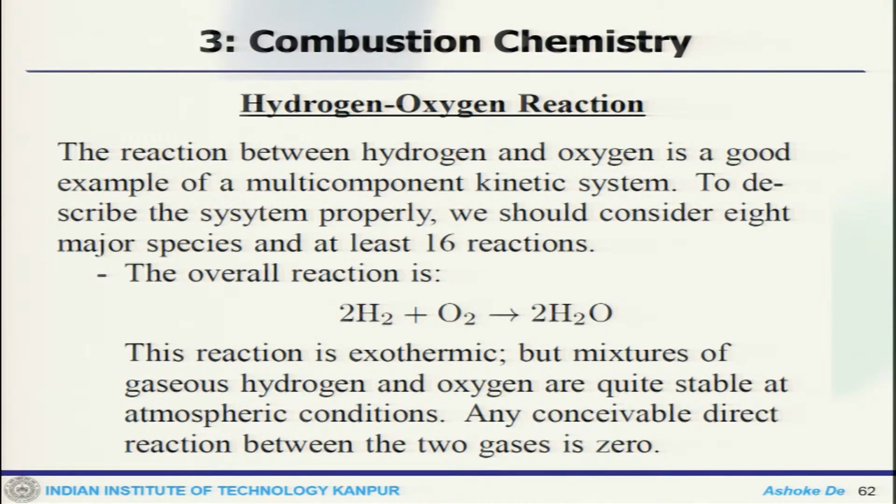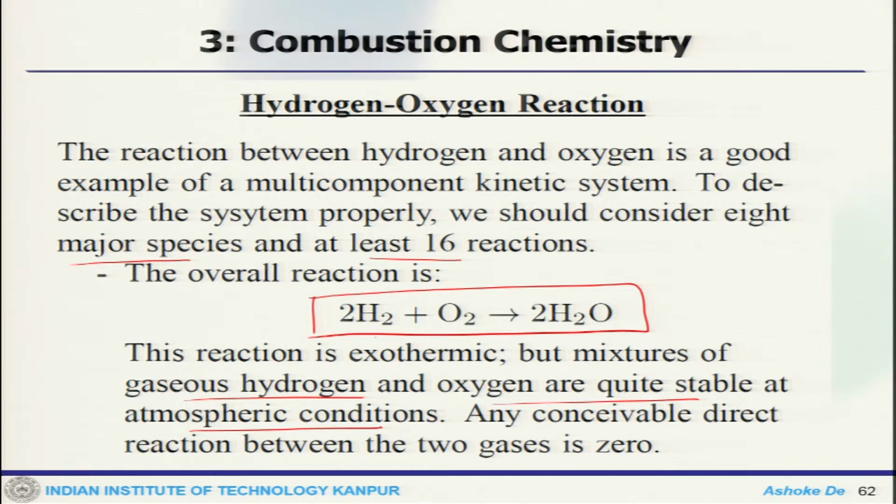Now, let us start with an example of the hydrogen oxygen reaction. This particular reaction is the global or overall reaction, but if you look at the elementary steps, there could be multiple species, major species, and some reaction steps. Overall this reaction is exothermic, where gaseous hydrogen and oxygen are quite stable at atmospheric condition.